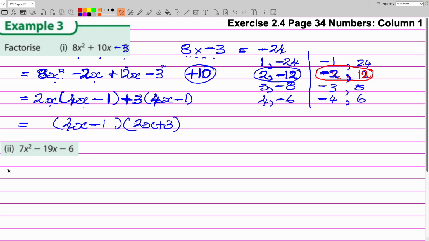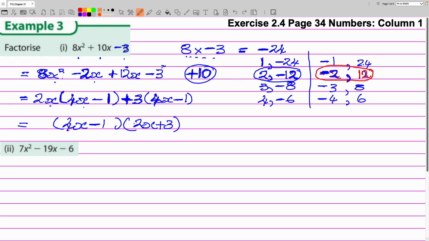It's minus 6. What's 7 times minus 6? Minus 42. So 1 is going to be a plus number in the factor pair. So you can do all the pairs. What's the middle number for this one? Minus 19. So I'll just get it started for you.